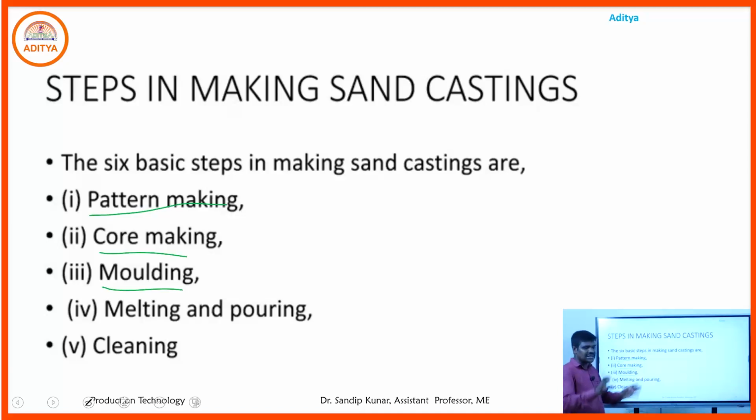After pouring, the solidified product will be produced, and then we take the casting out of the molding box, and it is cleaned, finished and inspected. The 6 basic steps are pattern making, core making, molding, melting, pouring, and cleaning, finishing and inspection.